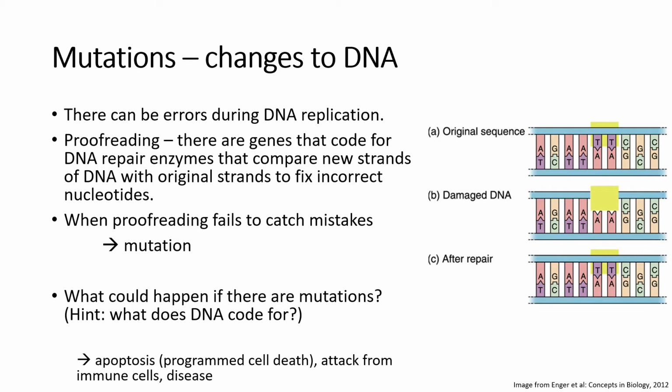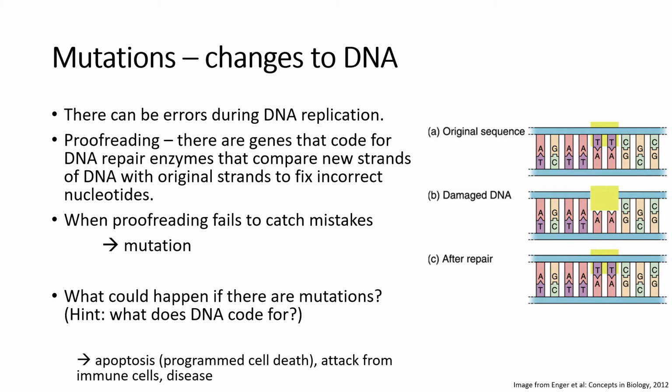Now, eventually, these mechanisms start to falter, and mutations will start to accumulate. And there are implications for those mutations because, as we recall, that DNA codes for protein. And if mistakes are accumulating within the code, then the protein synthesis might result in the addition of incorrect amino acids.